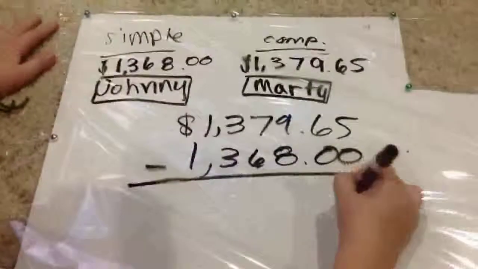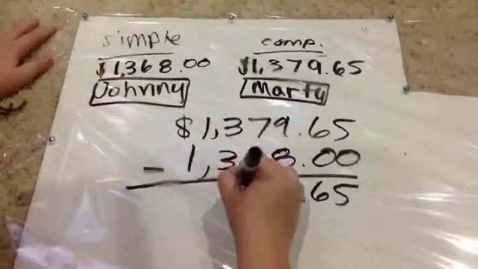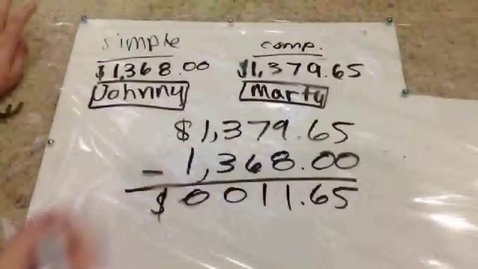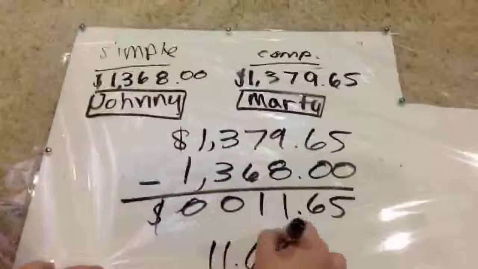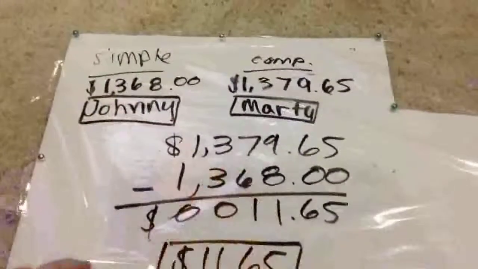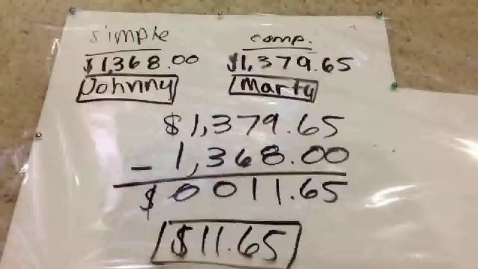So with that, the difference is $11.65. That is how much more Marty will earn than Johnny. Thank you for learning this important life lesson about math.